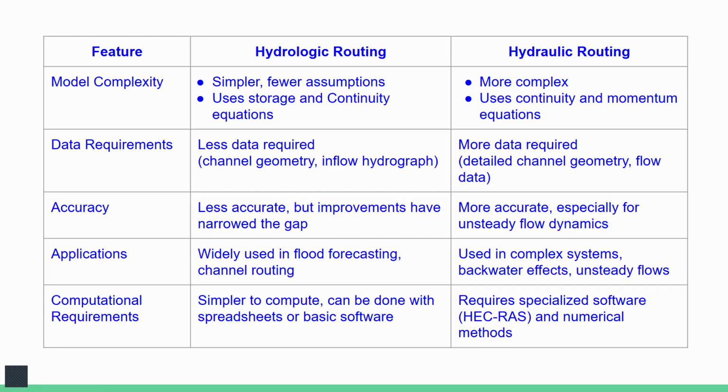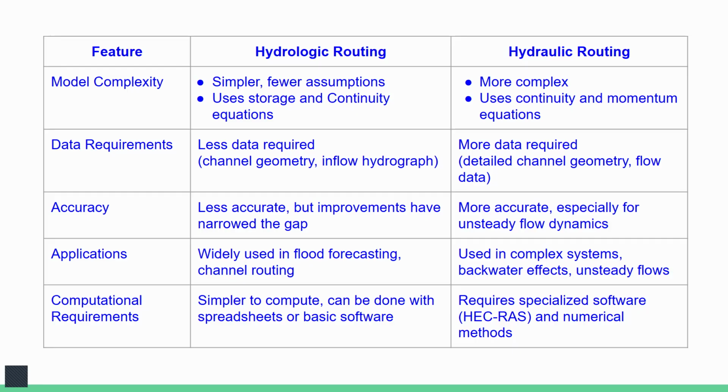Since hydrologic routing is simpler and has fewer assumptions, we can expect that it is less accurate. And since hydraulic routing is more complex, we can also expect that the results derived are more accurate.